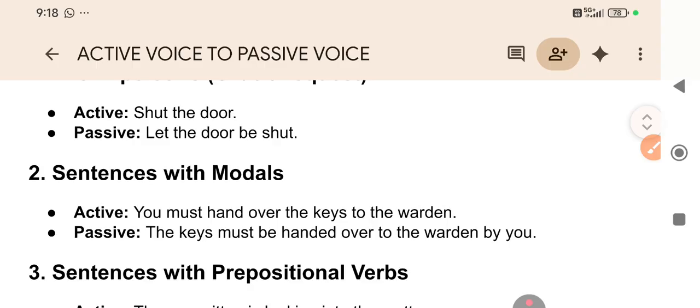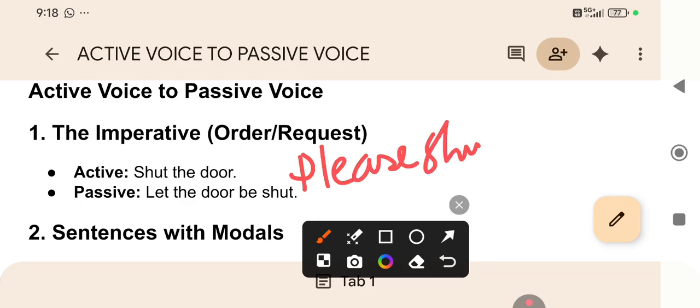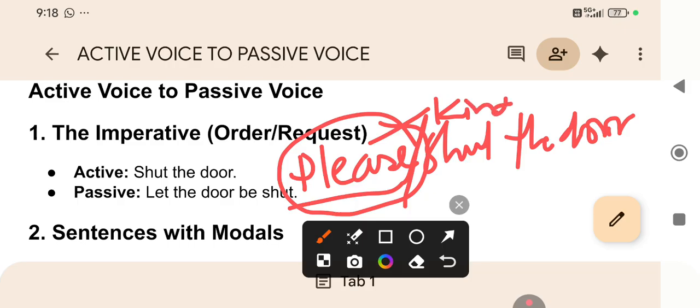Suppose the sentence is a request. Here the sentence is like this: please shut the door. Keep in mind that for every sentence which starts with please or kindly, this rule will not be applicable.